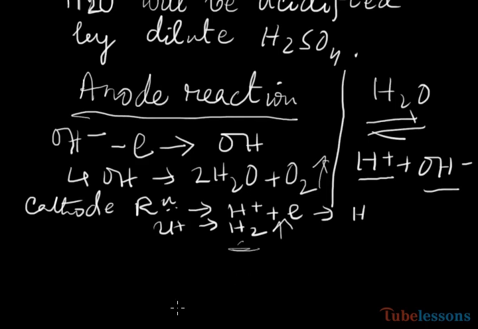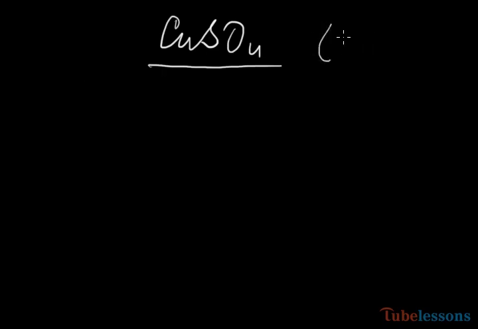And now we will go through electrolysis of copper sulfate. Copper sulfate is also acidified by a certain quantity of dilute sulfuric acid.